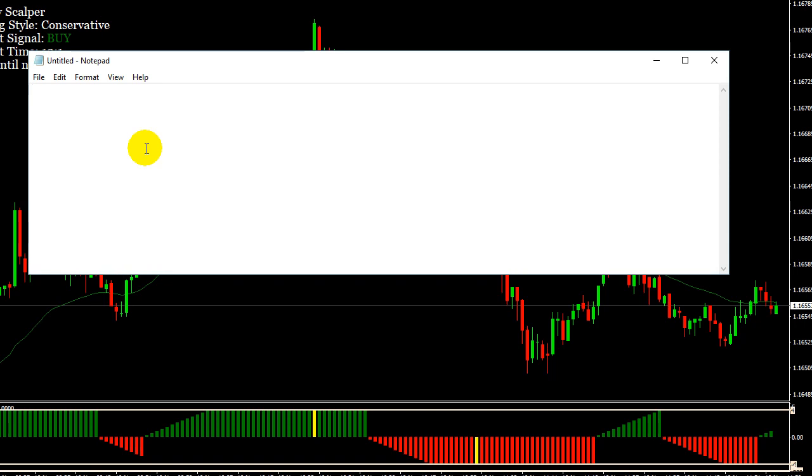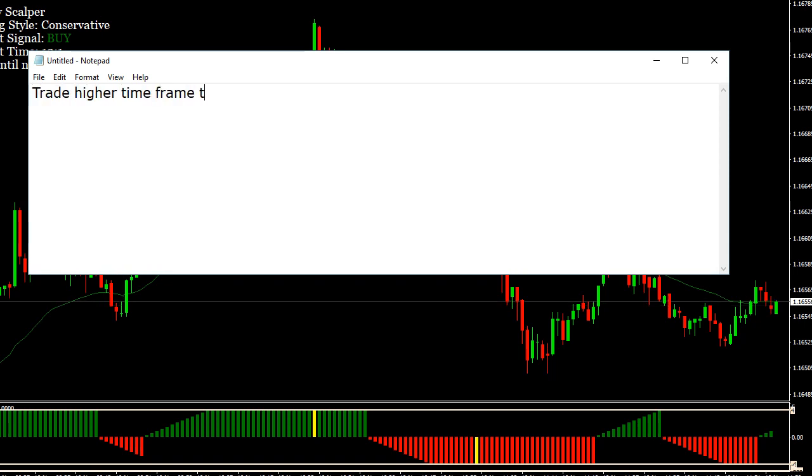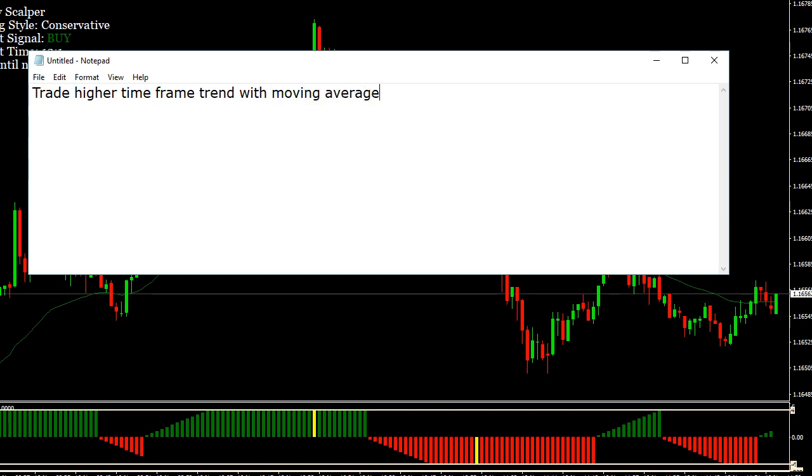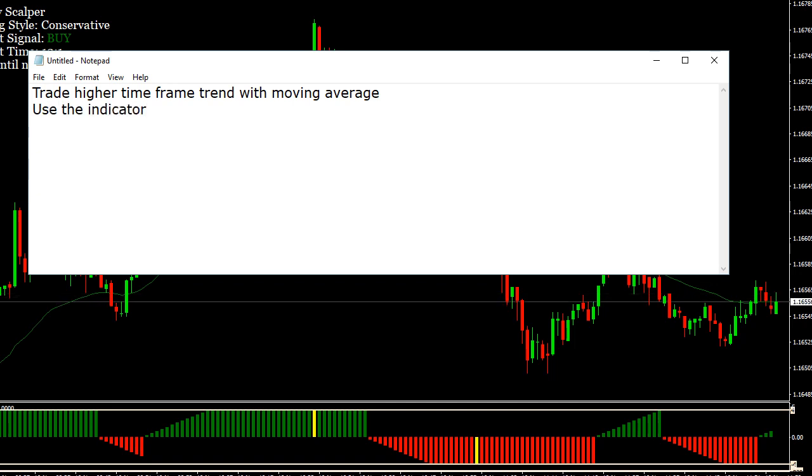Let's take a look. We can trade higher time frame trends with a moving average. That's one thing you're going to have to decide when you're trading this. You can also use the indicator for trend.